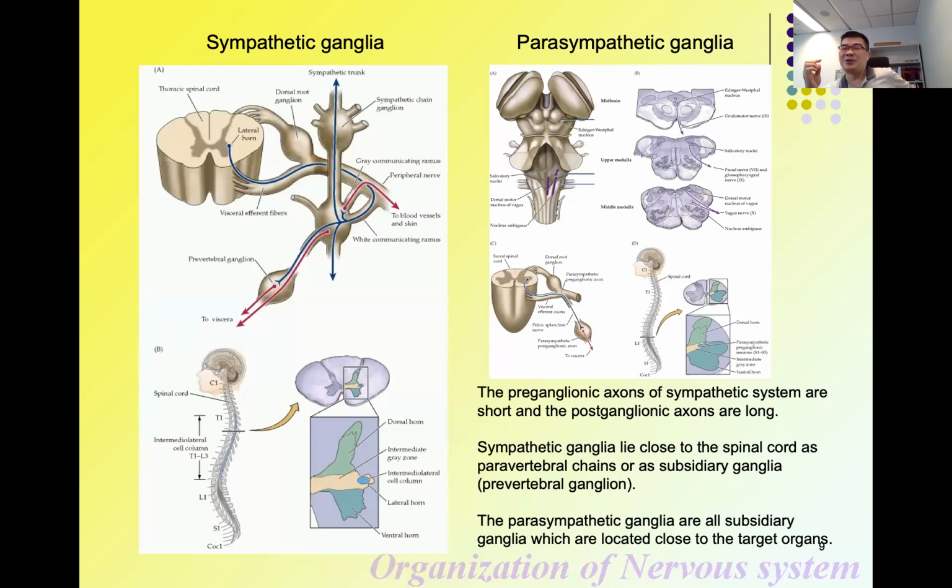Interesting. One of the students said in the chat that we can only live with our brainstem. Well, if you have just your brainstem without your cerebrum, then you don't have any consciousness.